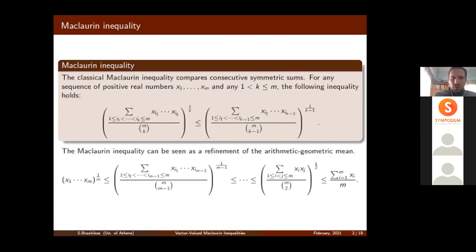Of course, this is a stronger inequality than the arithmetic-geometric mean inequality, because all these means are between the geometric mean, which is the product to the power 1 over m, and the arithmetic mean, which is the biggest one.